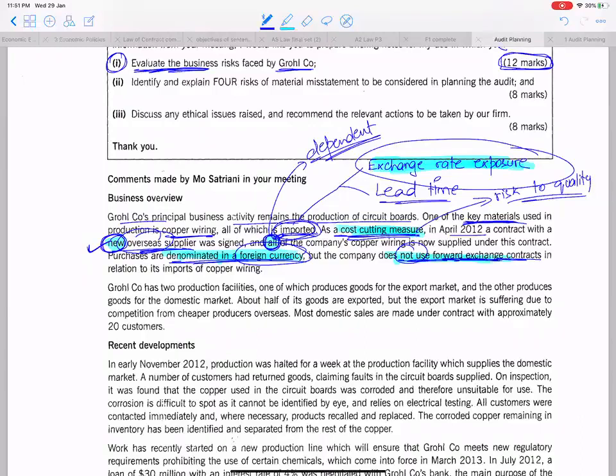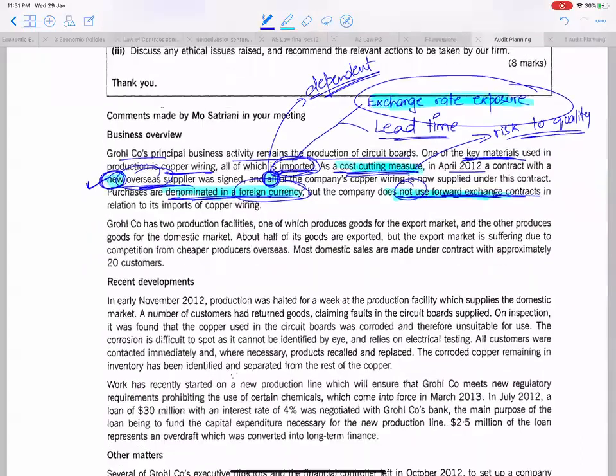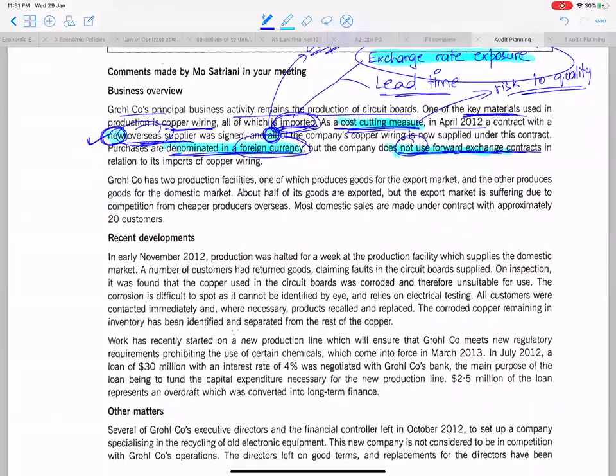Now, let's read more. Let's see. Grohl company has two production facilities, one of which produces goods for the export market and the other produces goods for the domestic market. About half of its goods are exported, but the export market is suffering from competition from cheaper producers overseas.